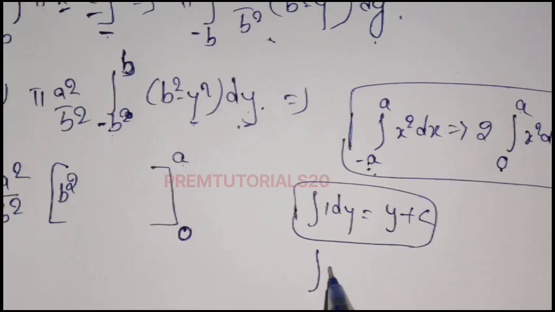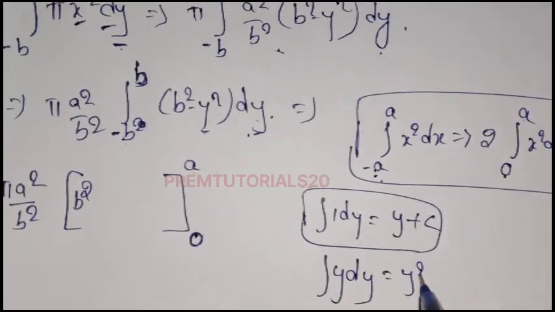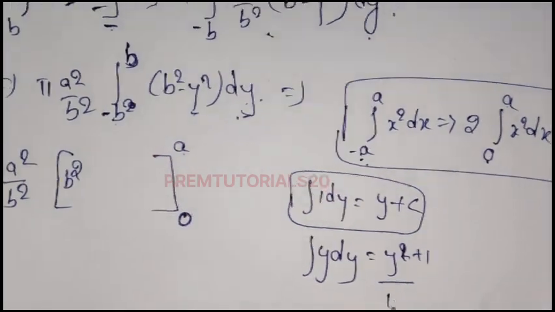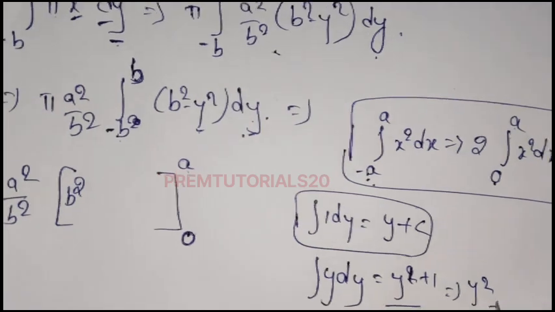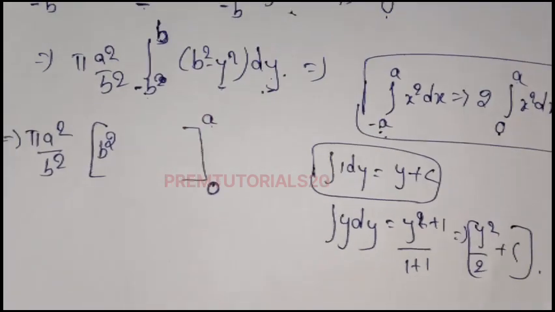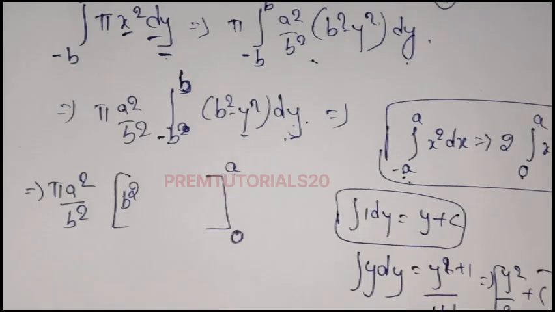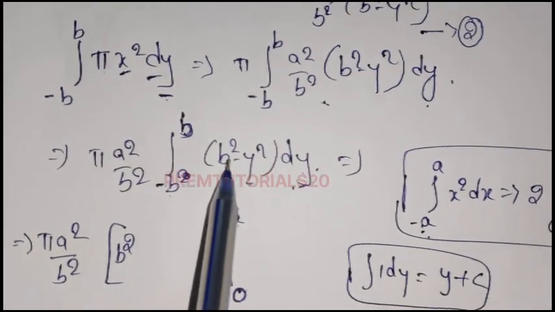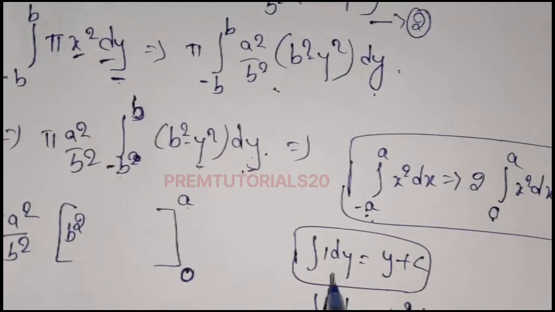And we also already know the integral of y dy equals y power 1 plus 1 by 1 plus 1, that means y square by 2 plus c. So these are the integration formulas with respect to y. Now there is no y term in b square, so it is a constant term.